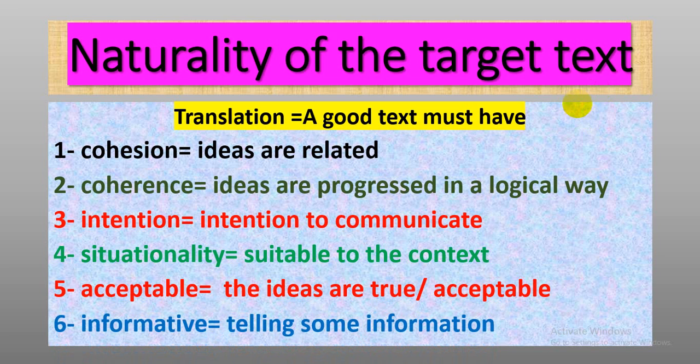There must be some kind of information conveyed in your text, so your text somehow gives us some information. Again, your text must be informative. What I mean by informativity is that your text must make sense to any reader, audience or receiver of your text.